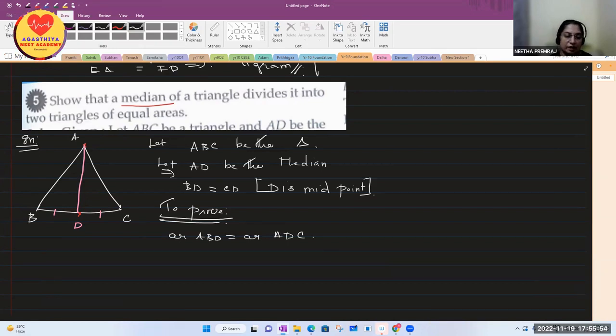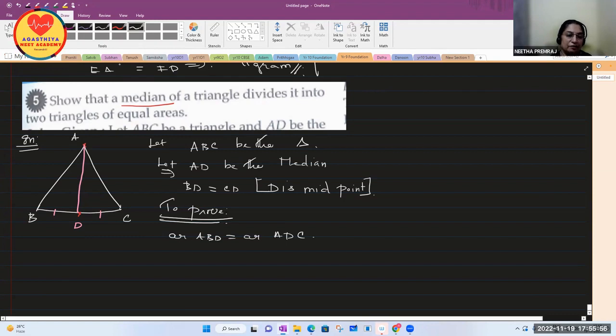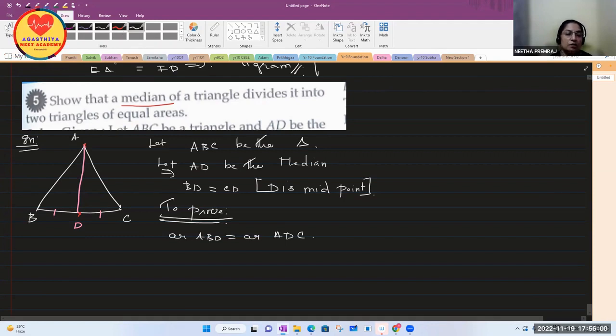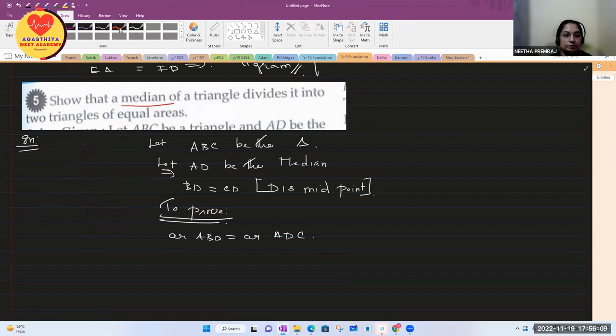First we find the area of ABD. How do you find it? First you have to draw. I draw differently so that you will have a better understanding.